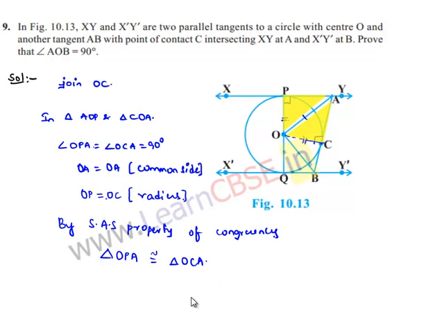We know that when two triangles are congruent, then their corresponding angles and corresponding sides will be equal. That is, here we can equate angle POA in triangle OPA and angle AOC in triangle OAC will be equal. That is, angle POA is equal to angle AOC. Let it be as equation number 1.